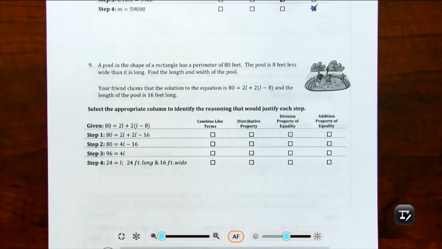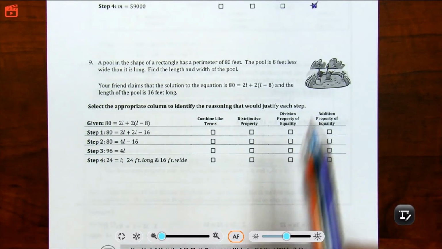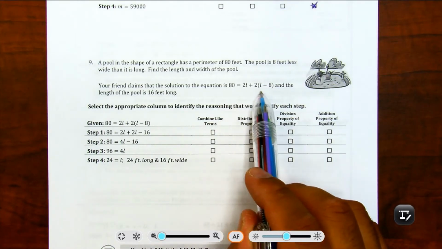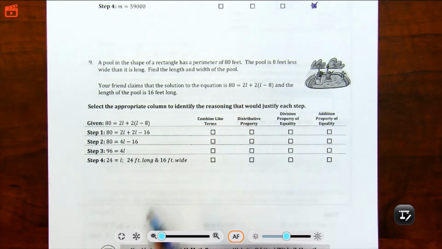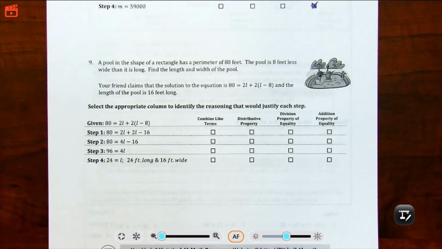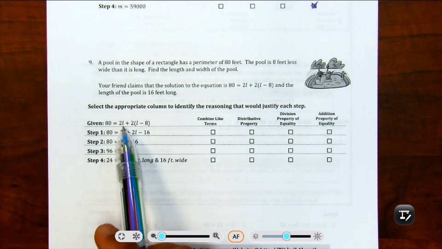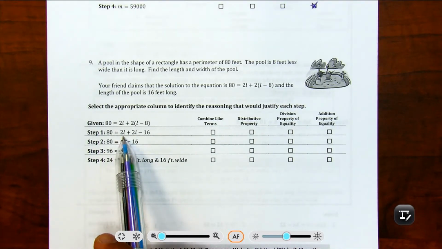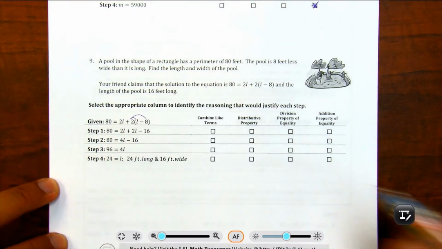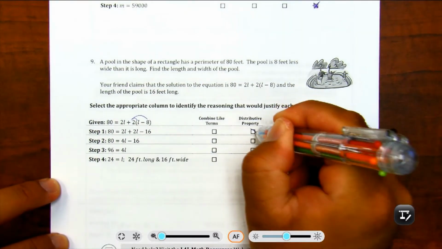Okay, for problem number 9, you have this equation, 80 equals 2L plus 2L minus 8. Again, we are given the equation. What was the first step going from the given to step 1? It looks like the 2 was distributed to the L and the 8, so that is distributed property.